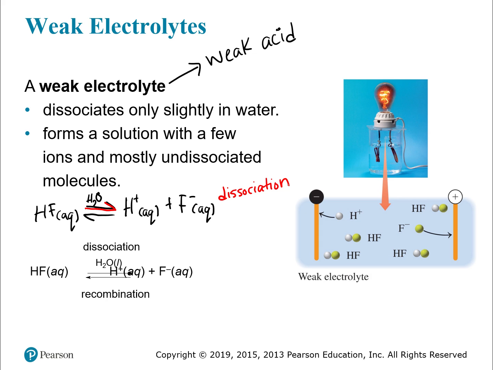That's where your acid is breaking up into ions. And the blue is recombination. Those ions are finding each other in the water and reforming the acid. Does that concept make sense, that you have this equilibrium between the two?